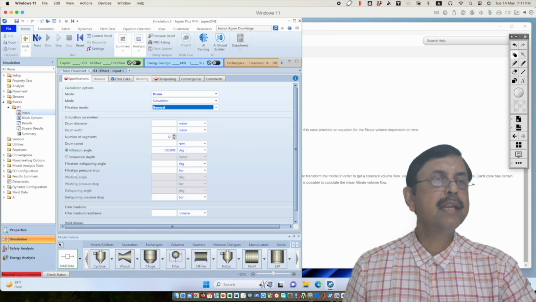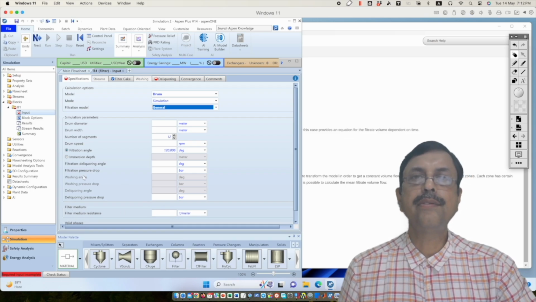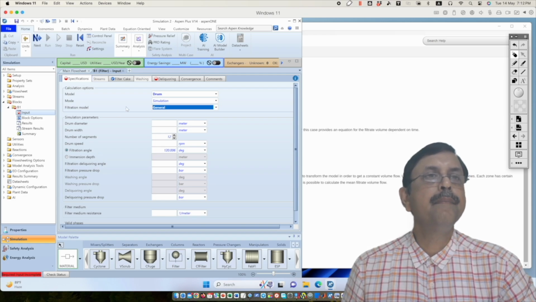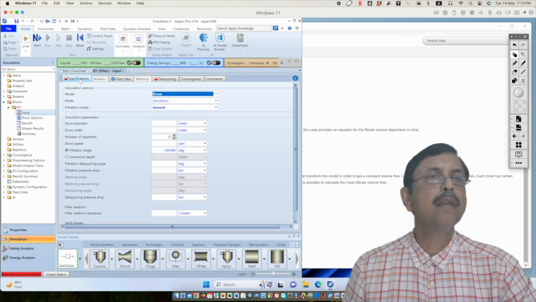Then filtration angle, deliquoring angle, filtration pressure drop, deliquoring pressure drop, and filter medium resistance, all those things you have to provide. And in deliquoring, there will be two types of model, Schubert model and Nikolov. So this is about the general model.